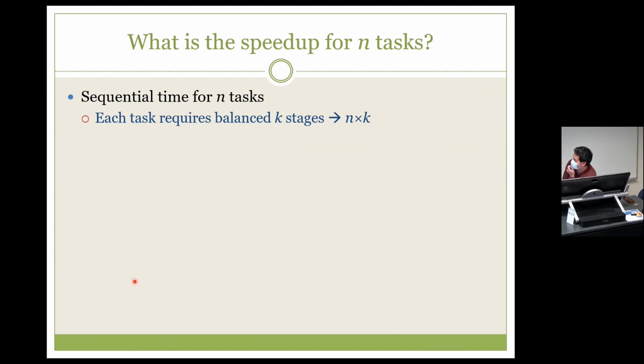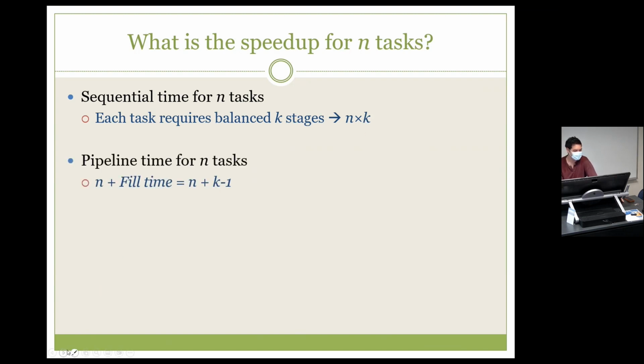So talking about performance, if we have a sequential time for n tasks, where each task takes k stages, then n times k is our total time. But if we have a pipeline for n tasks and these k stages are equally timed, then our performance is just n plus k minus 1 in terms of the time it takes.